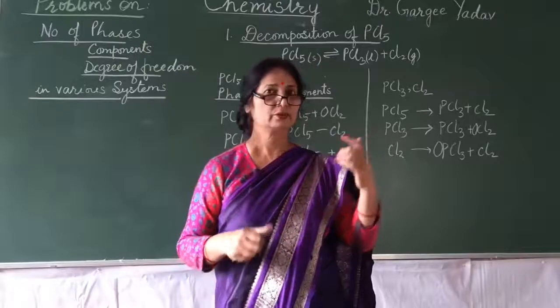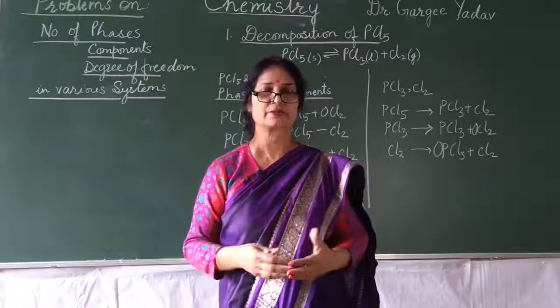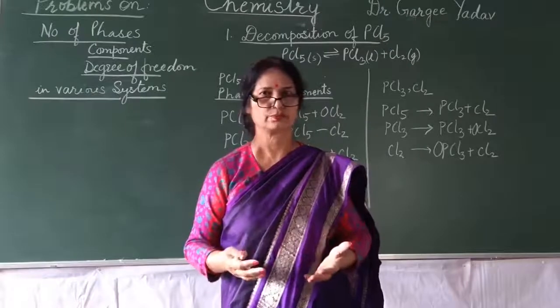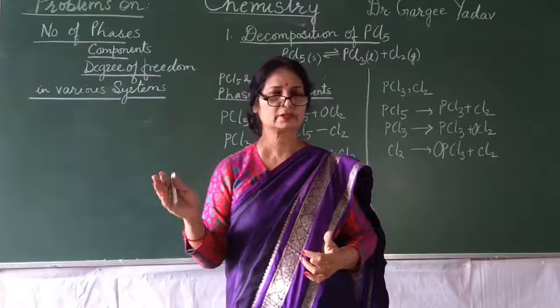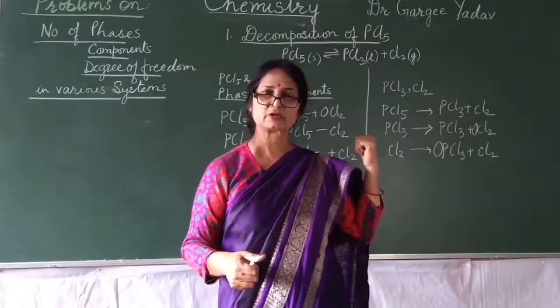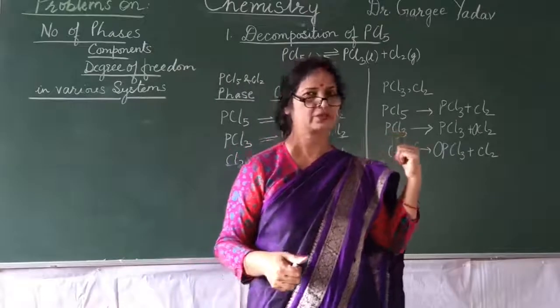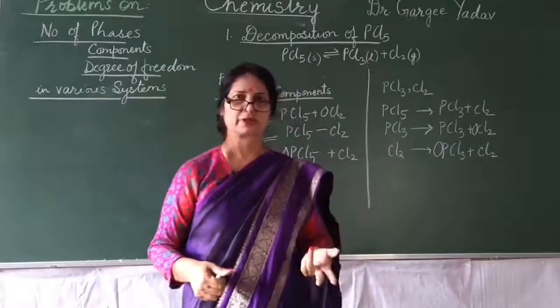And in a similar manner, you can find out that there also the number of components will only be 2. So that also will be a 3-phase system with 2 components, like the phosphorus pentachloride decomposition just now as you have seen.